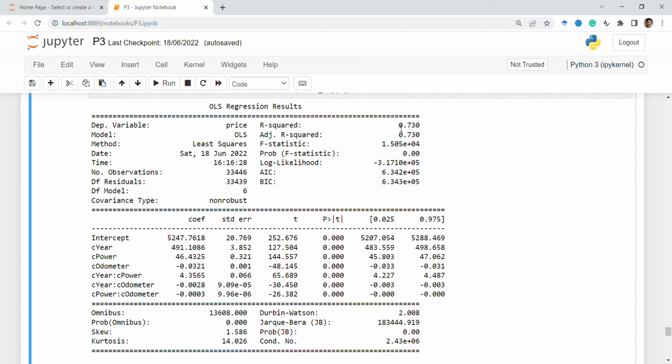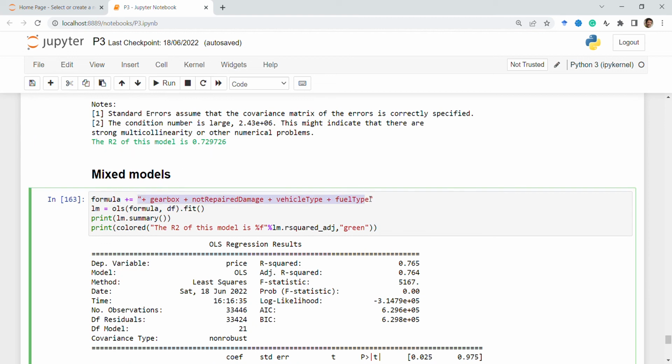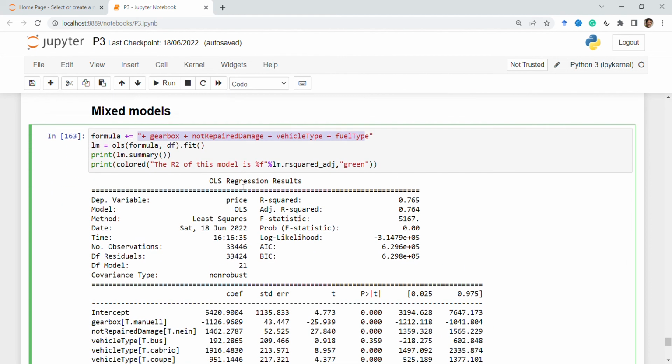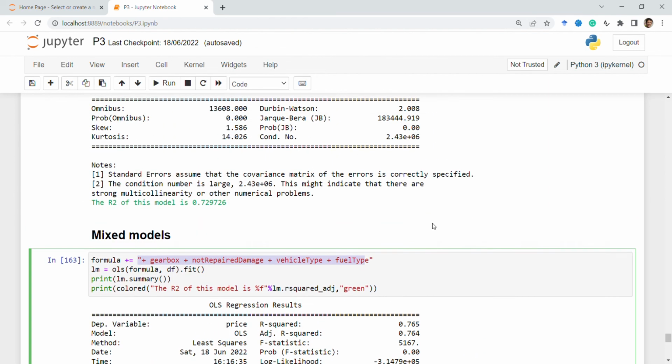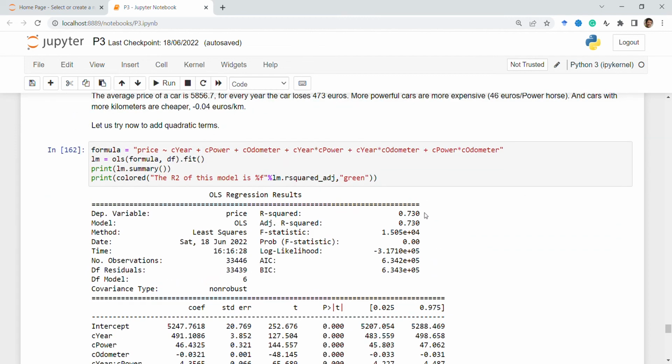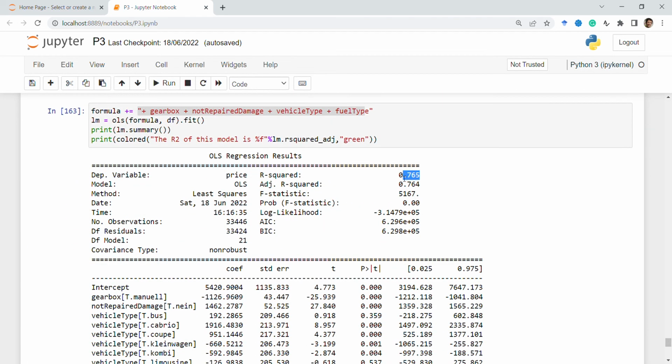Now we have gone up to 73% of the variability, and then we may construct a model in which we also include the discrete variables that are somehow related. And now when we include these discrete variables, we go from 73% of the variability to 76% of the variability.